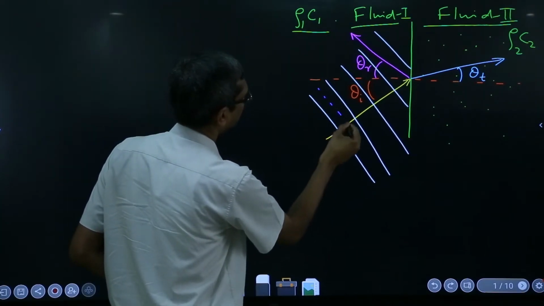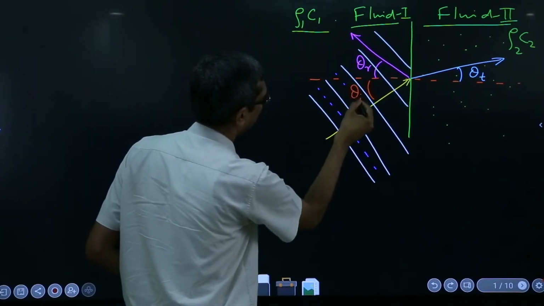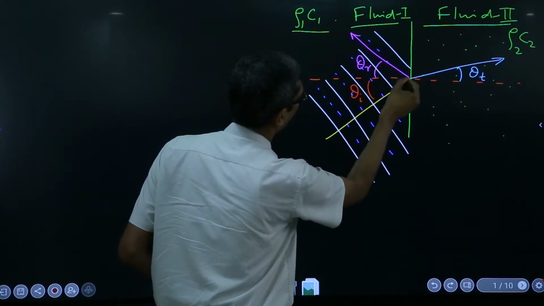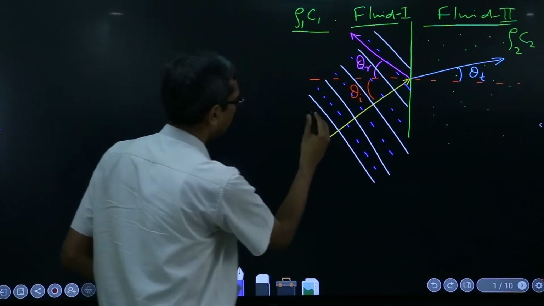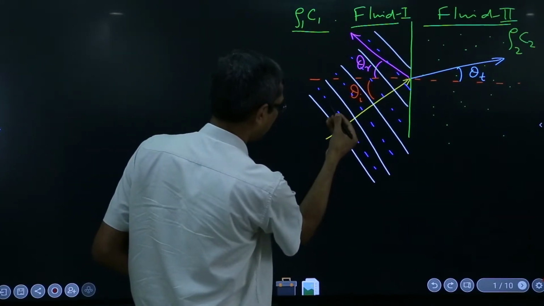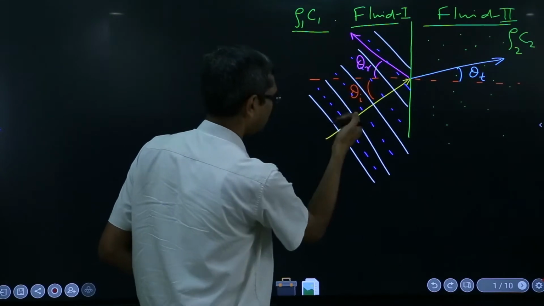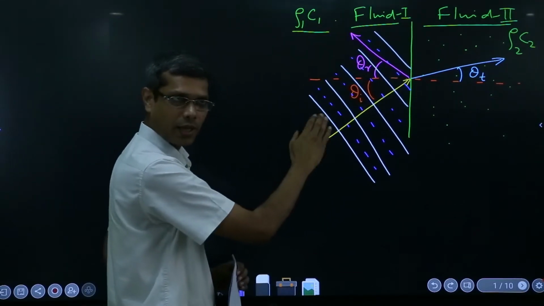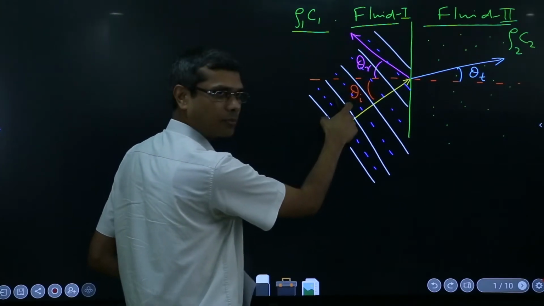Here the pressure is increasing maybe, and in this zone the pressure is decreasing. So we are looking from the top, and this is a wavelength.